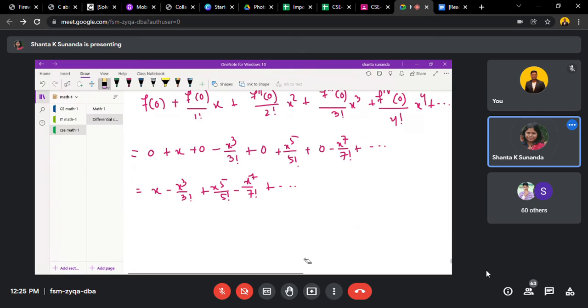If you want the regular series, we can write it as an alternating series: minus 1 to the power n, divided by (2n plus 1) factorial, times x to the power 2n plus 1, where n is from 0 to infinity. You can see this is the regular series of sine, valid for all x.